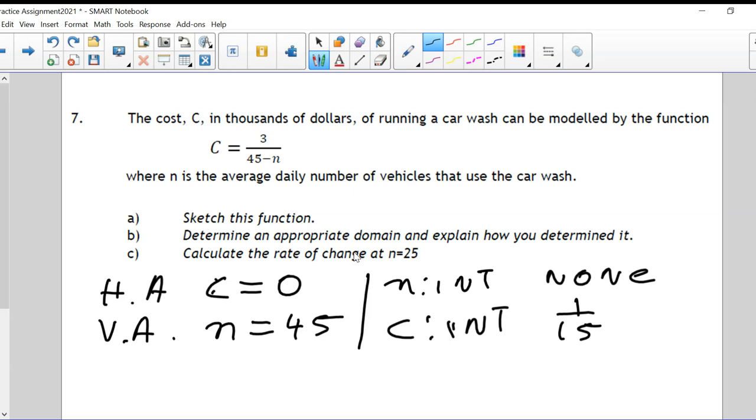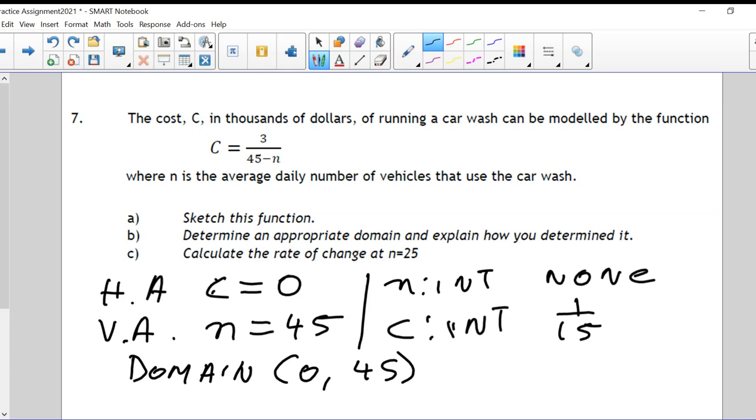So it sounds like my domain of this function is anything from 0 to 45 with round brackets on either end. Okay? And thank you, Keontae. Round brackets because we're saying it cannot be 0 and it cannot be 45, right?